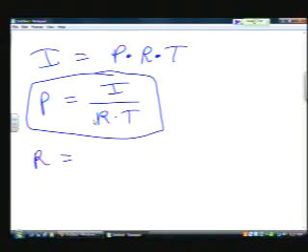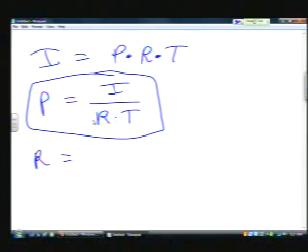Okay, Wyatt, show us how to solve for R. I guess you divide both sides by PT. Yep, divide both sides by PT. More PT, drill sergeant, more PT. That's what we were told to shout in basic training.